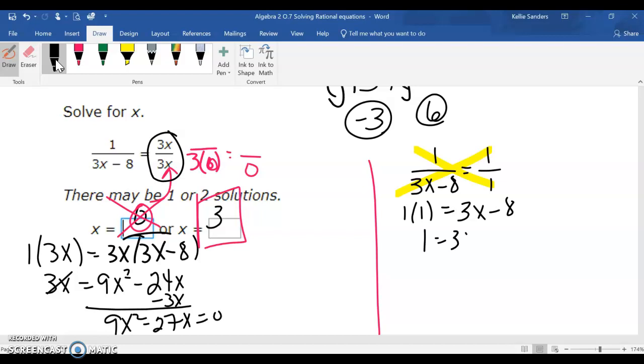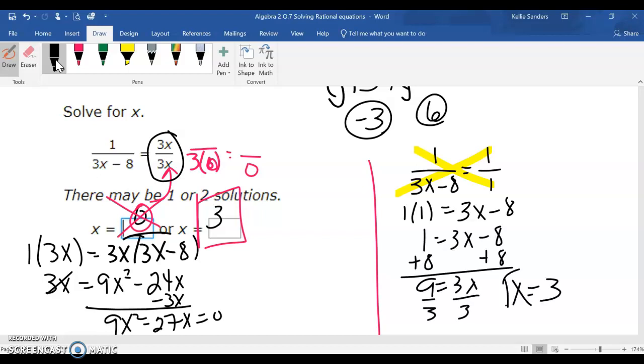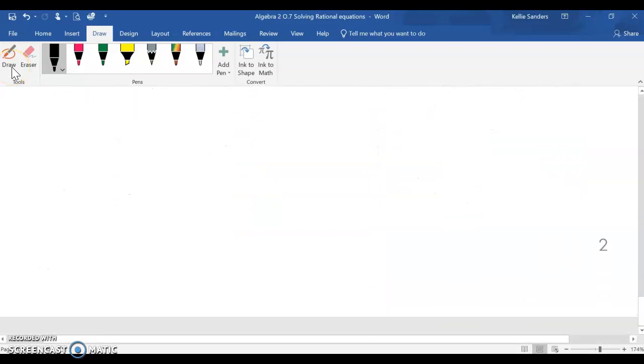So 1 equals 3x minus 8. Add the 8. 9 equals 3x. Divide by 3. So x equals 3. And we would have been finished a whole lot earlier. There you go.